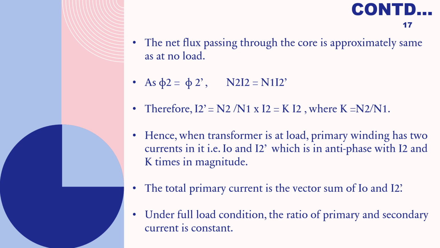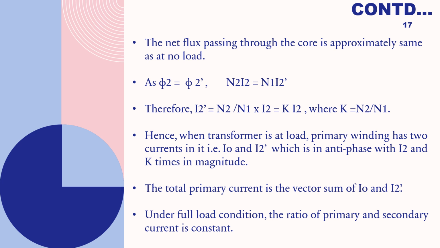The net flux passing through the core is approximately the same as at no load. Phi 2 is equal to phi 2 dash. N2 I2 is equal to N1 I2 dash. Therefore, I2 dash is equal to N2 by N1 into I2, which is equal to K I2, where K is equal to N2 by N1.